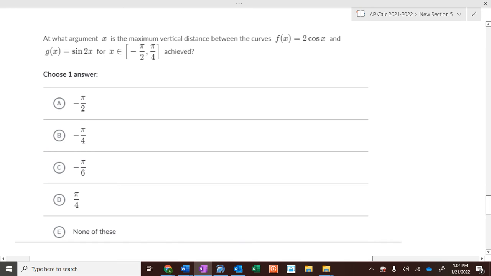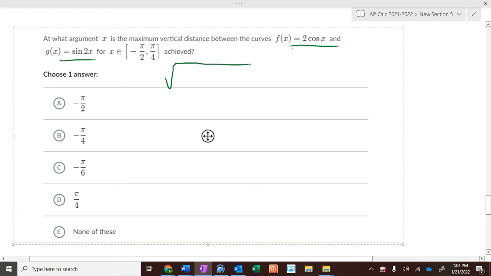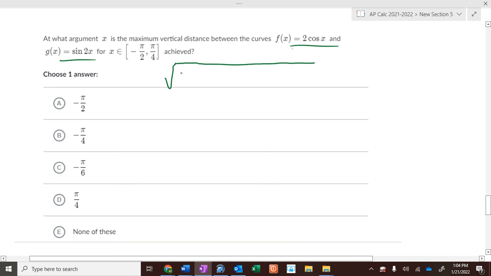Last one. Trig one. What argument for x is the maximum vertical distance between these two curves? Ooh. Distance between those two curves is the distance formula. 2 cosine of x squared plus sine of 2x squared, right?